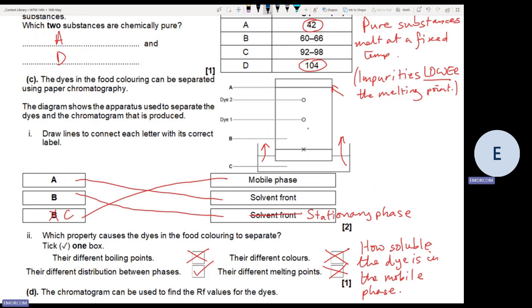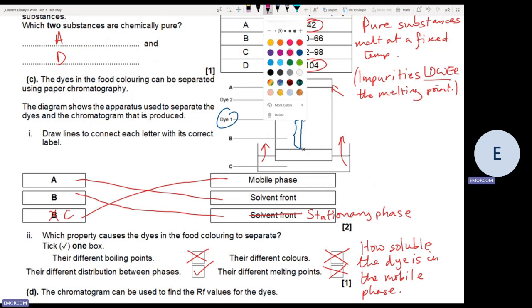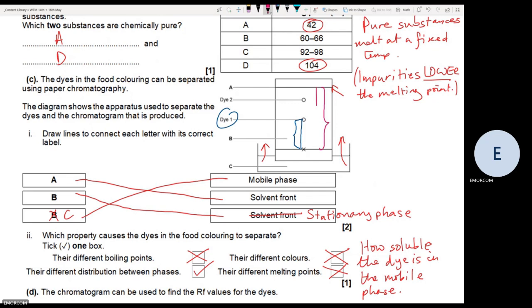But we would use our ruler, we find dye 1, and we measure this distance here. And to measure the distance traveled by the solvent, I'm going to do that in pink, we measure this distance here. So between the baseline and the solvent front.